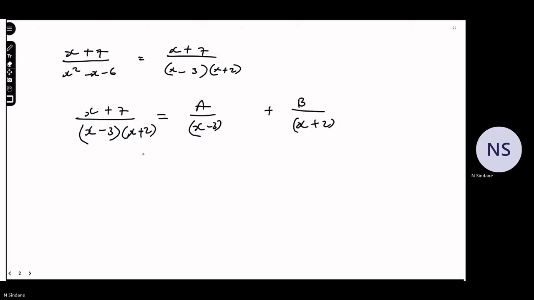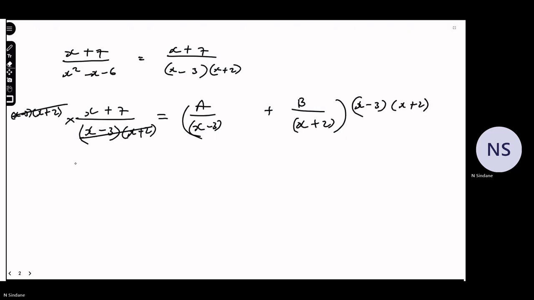From here, you can remove the denominator by cross multiplying. Multiply both sides by (x minus 3)(x plus 2), and then the denominators cancel.